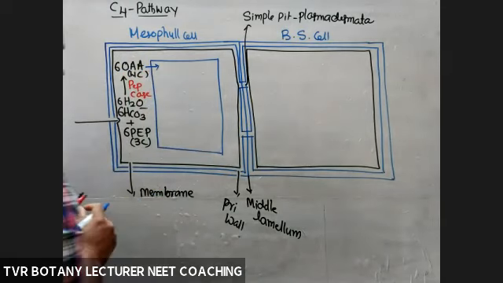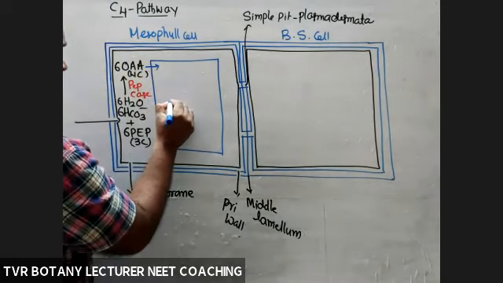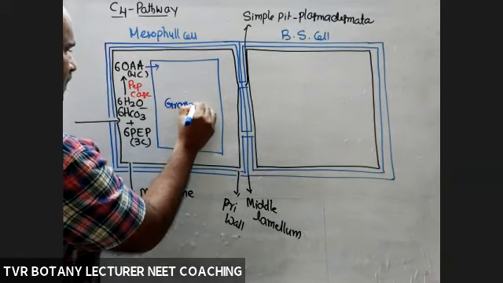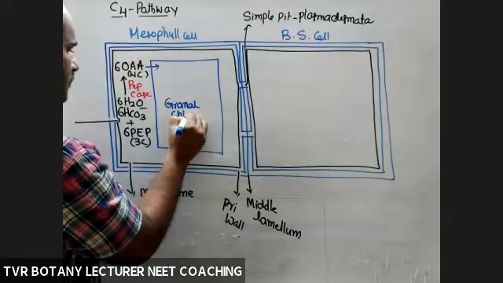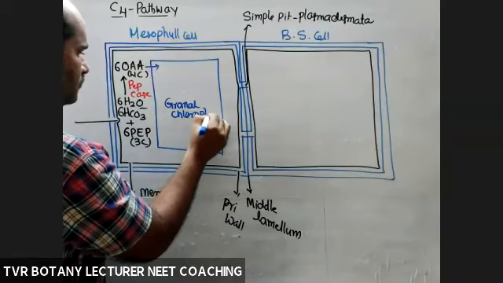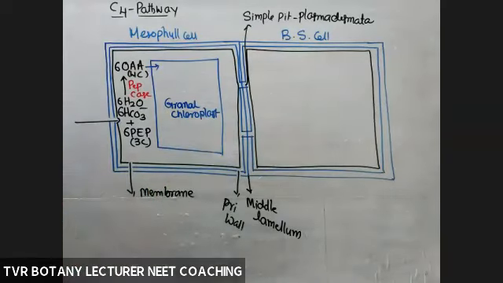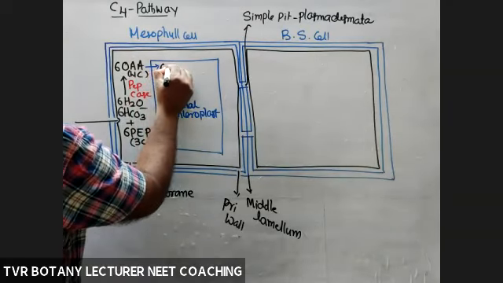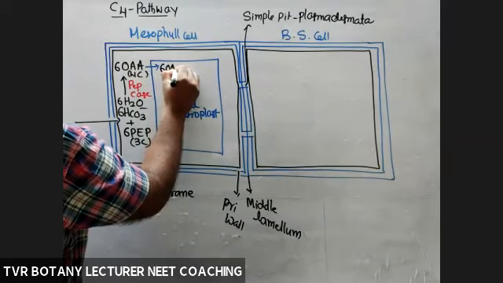What type of chloroplast? This chloroplast is granal chloroplast. Okay, so now within the stroma of the granal chloroplast, 6 molecules of OAA available.